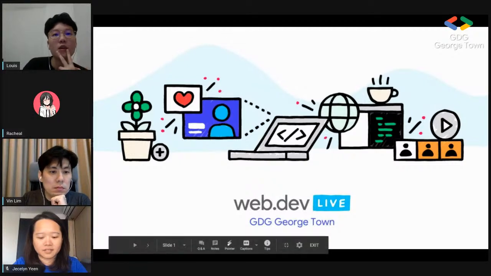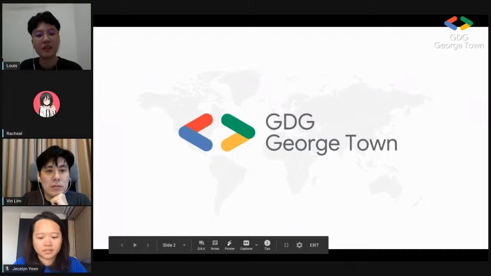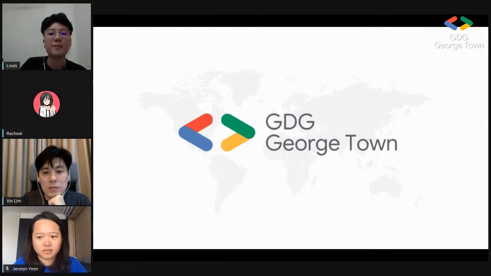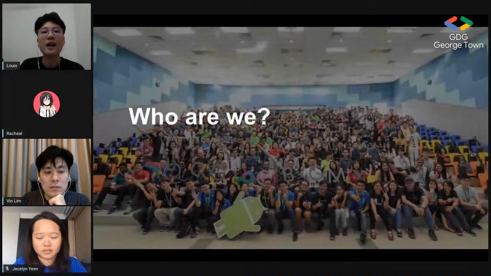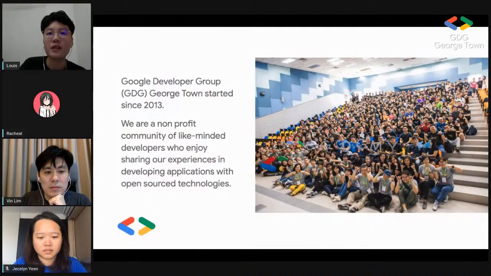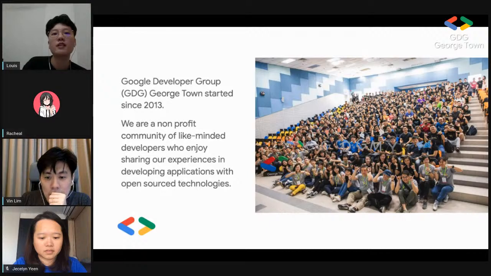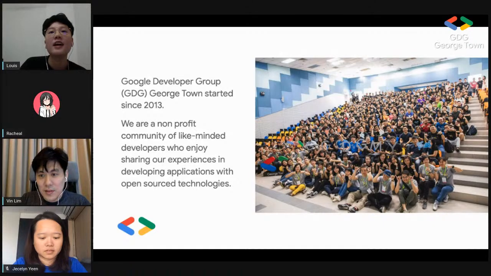GDG Georgetown first. What is GDG Georgetown? GDG means Google Developer Groups, and GDG Georgetown started in 2013. We are a non-profit community. GDG is a platform offered by Google, and we are independent developers and a user group that discuss and share experience developing applications using Google technology, for example Android, Google App Engine, and open source technology.